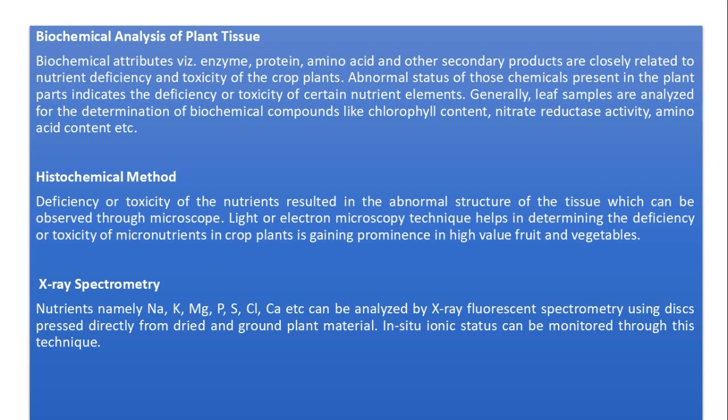Nutrients, namely sodium, potassium, magnesium, phosphorus, sulfur, chlorine, calcium, etc., can be analyzed by X-ray fluorescent spectrometry using DRIS, processed directly from dried and ground plant materials. In situ ionic status can be monitored through this technique.